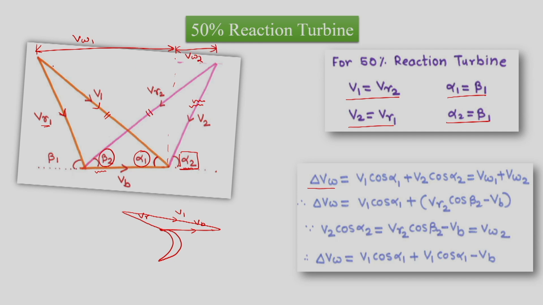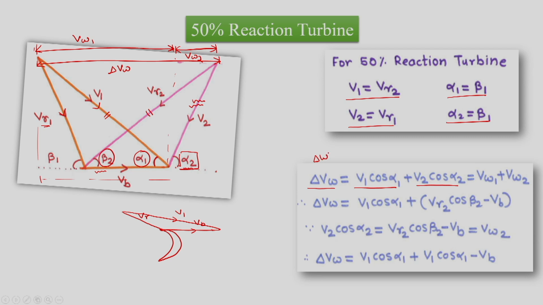So we have this complete distance as delta VW. VW1 is equal to V1 cos alpha 1, so this distance is V1 cos alpha 1, and VW2 is equal to V2 cos alpha 2, so this distance is V2 cos alpha 2.